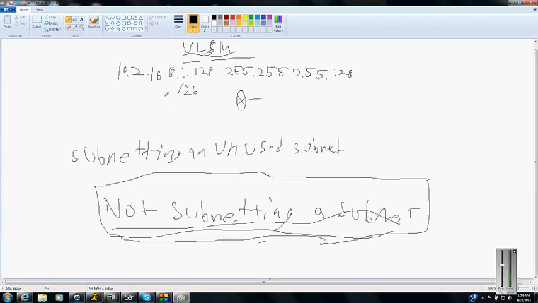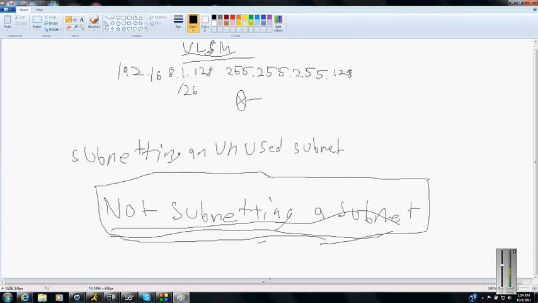Well, first of all, we need to find the range of this address. If there are multiple addresses, you need to find the network and the broadcast, so you can find the beginning and the end of each subnet. In this case, networks are going up by 128, and the network is beginning from 128.